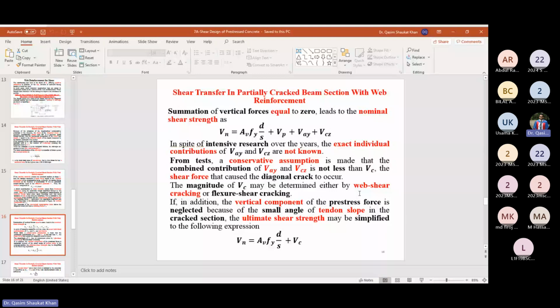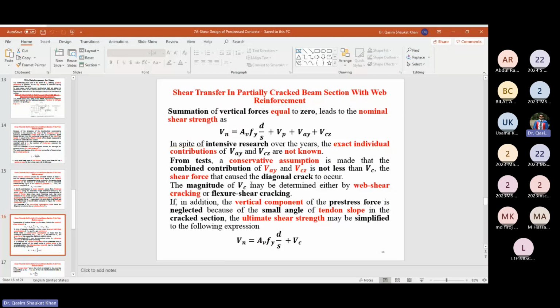So the magnitude of VC, the contribution of the concrete in resisting the shear, can be determined either by considering the web shear or flexure shear. From now onward, we will be taking all these as the contribution of the concrete.